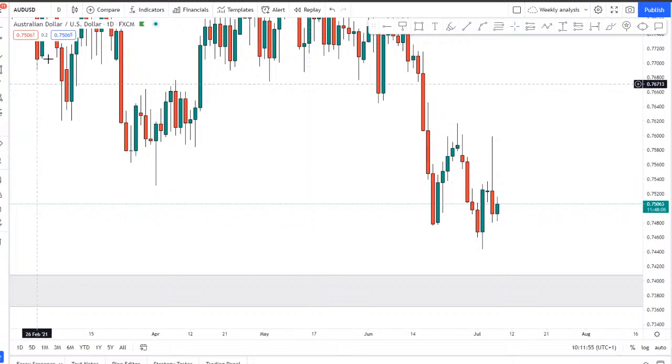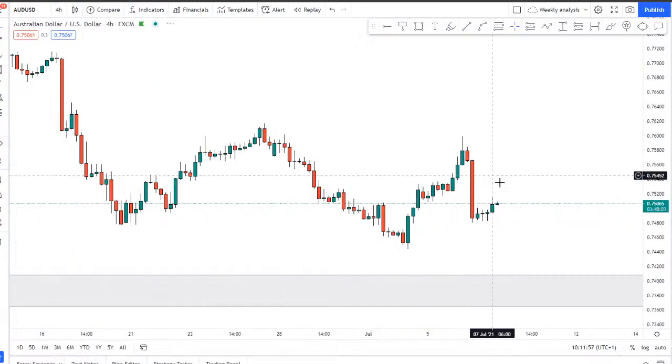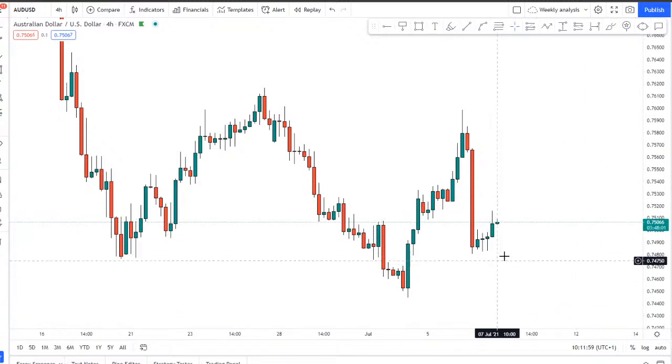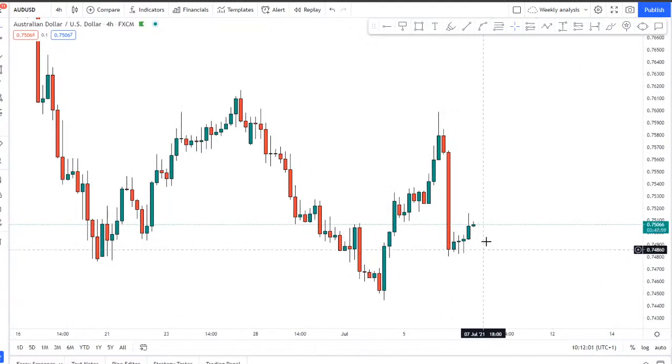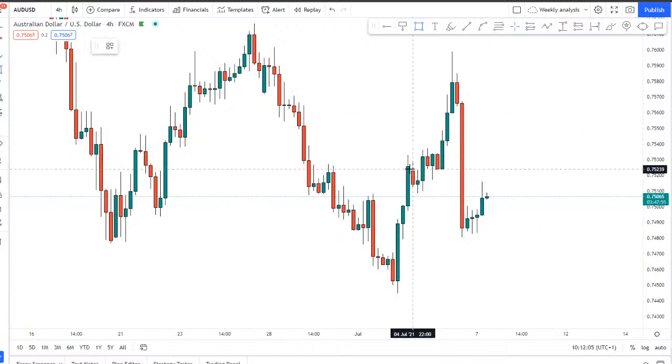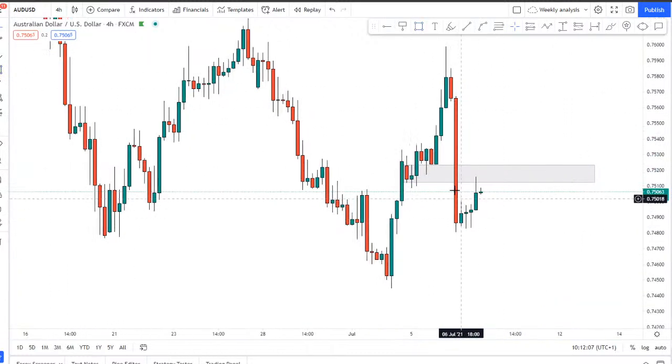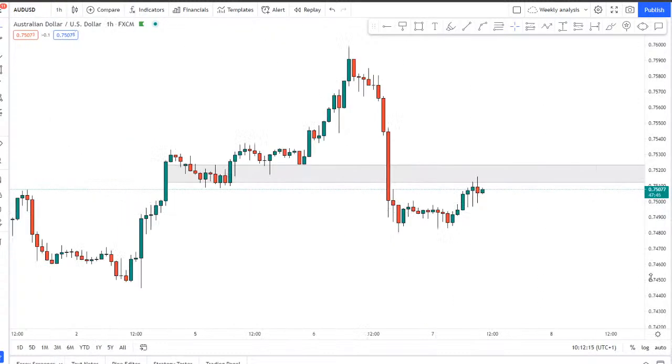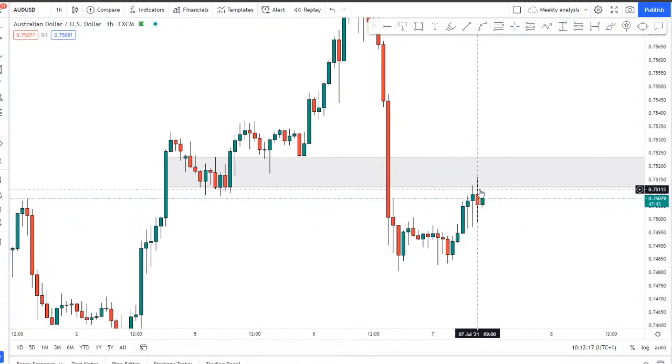So I'm only looking for selling opportunities for this one after that big collapse we had yesterday, treating this bullish push here on the 4H as a retracement. I think we could retrace maybe to around this area here in the market. We have price support here, a nice move up, that will now be turned resistance. We did wick into that area in the past hour or so. As you can see, not much conviction there for AUDUSD on the hourly time frame, but I do think we'll see that conviction.